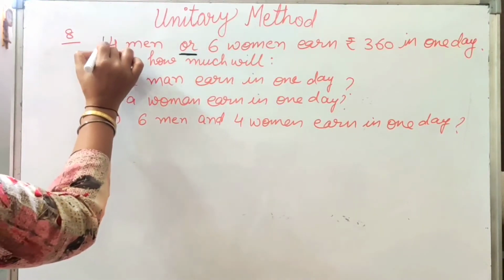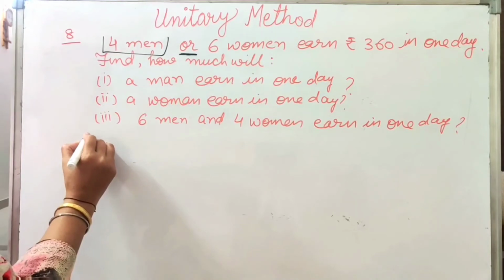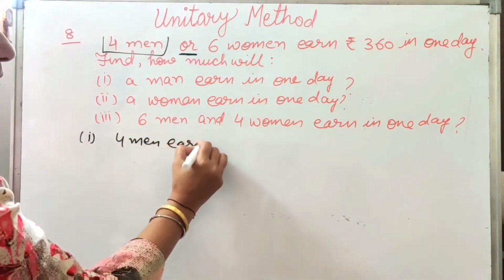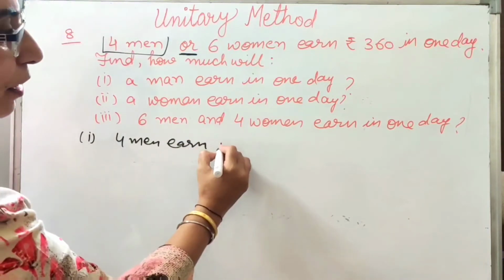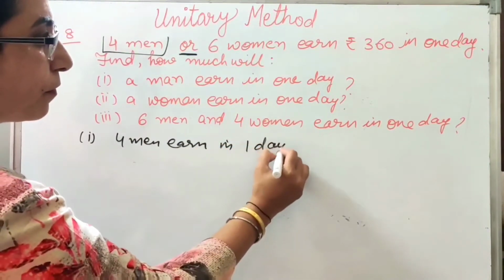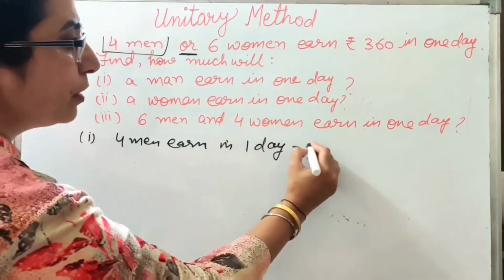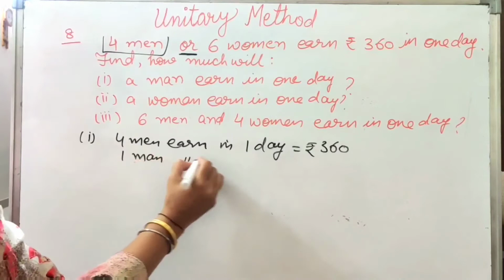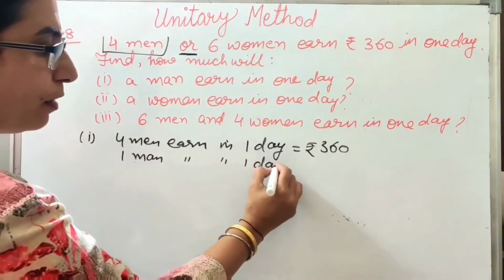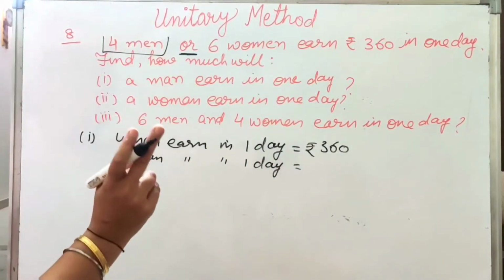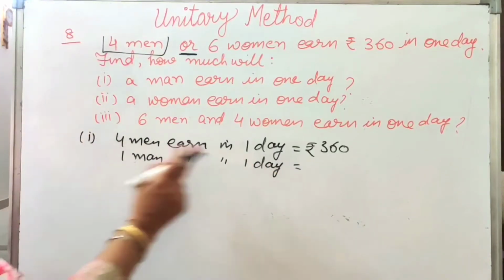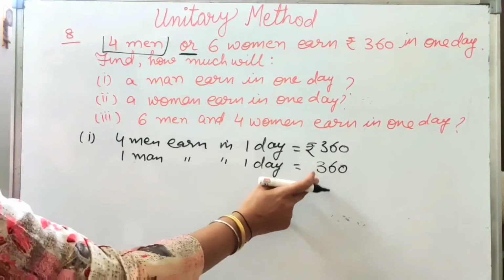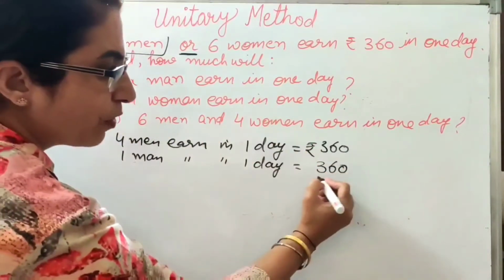First I am taking the men: 4 men earn rupees 360 in 1 day. Then 1 man will earn less, so it is direct variation, which means division: 360 divided by 4.